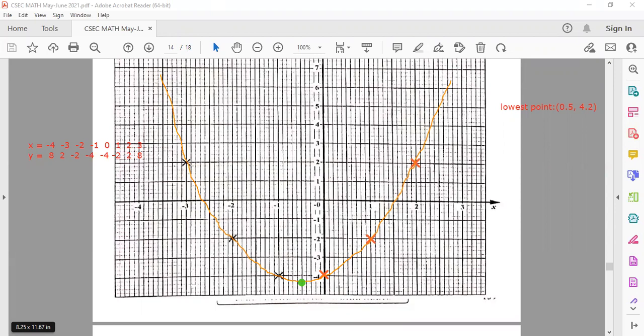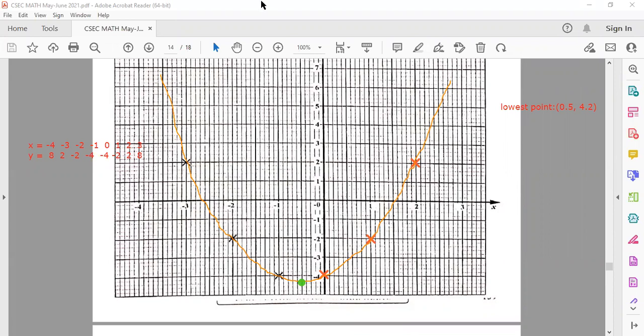So he's asking if we have a highest point, like we have a lowest point. We will have a highest point if the curve went in a different direction.